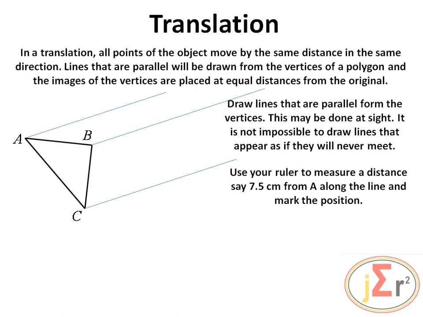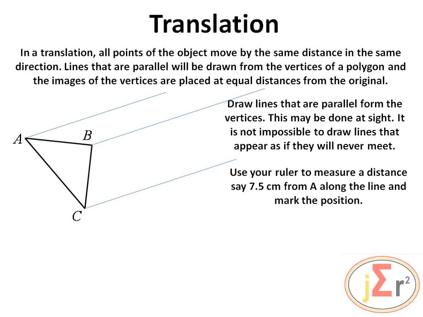We are doing our translation on plain paper so that we can have a very detailed understanding of what a translation is. We are doing that from the very root upwards, beginning with the object and moving to the lines that are parallel, that are going from the vertices.